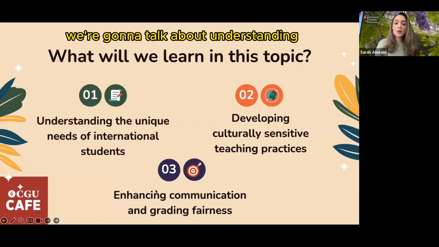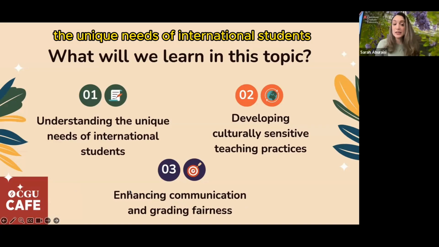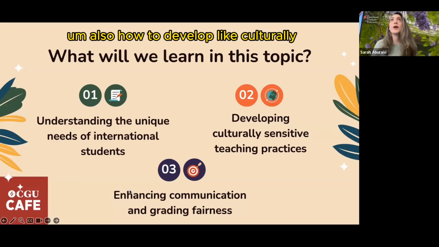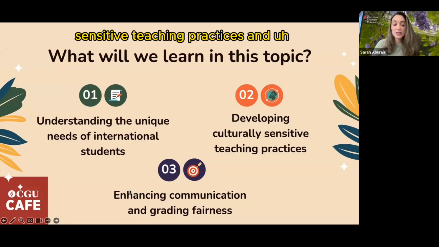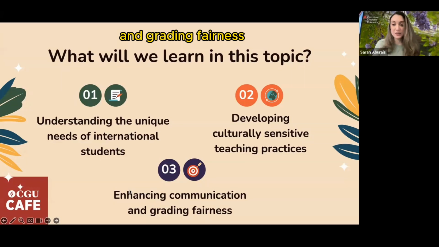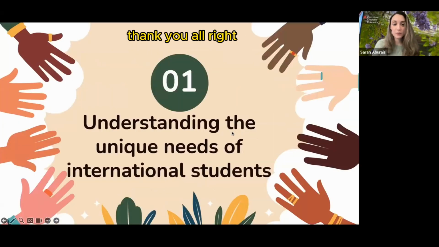Today we are going to discuss our topic in three ways. We're going to talk about understanding the unique needs of international students, how to develop culturally sensitive teaching practices, and finally, enhancing communication and grading fairness. So let's delve in.